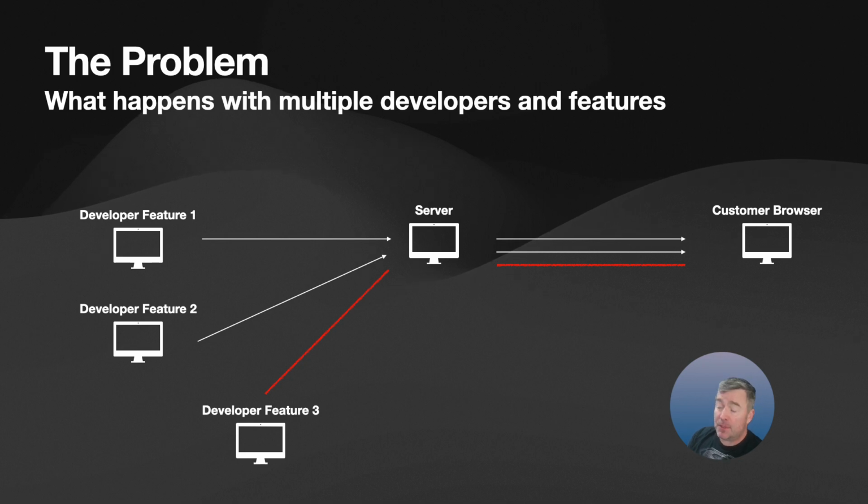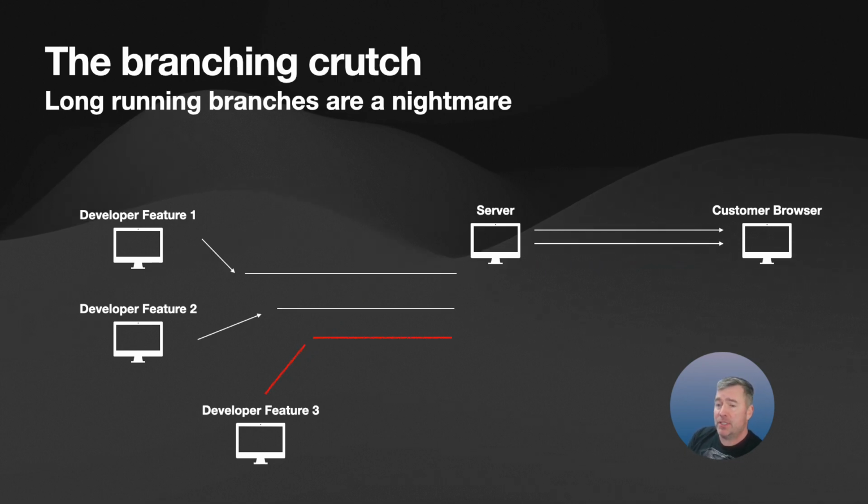Well, a lot of people use tools like Git and Mercurial, these great tools that allow you to create branches and different code lines. What a lot of people do is manage each of features 1, 2, and 3 independently on these code lines, branches, as we call them.